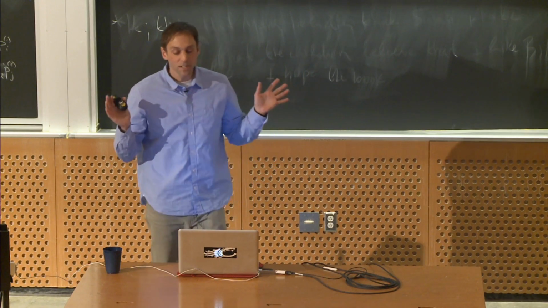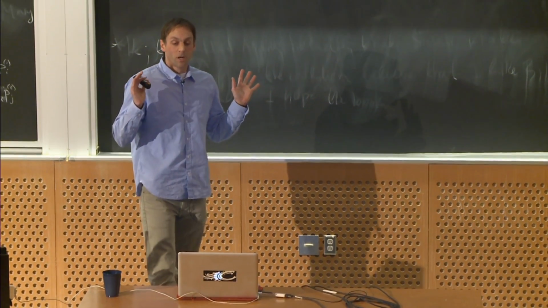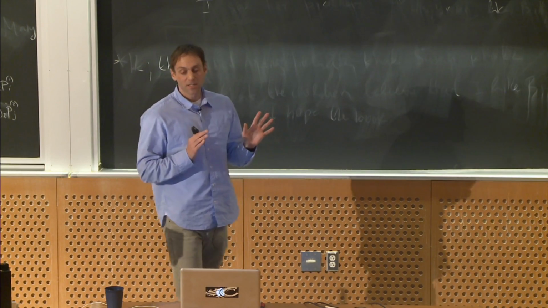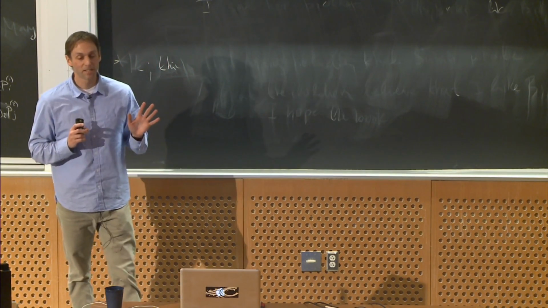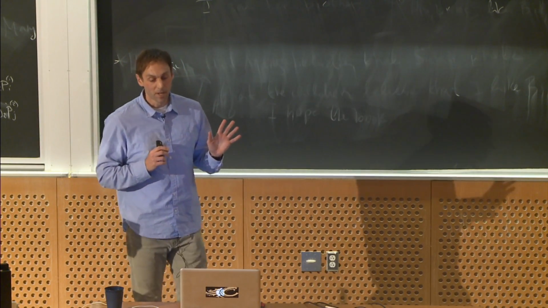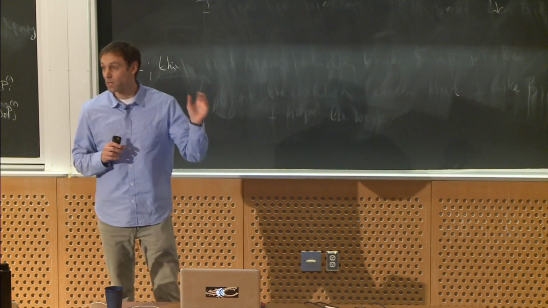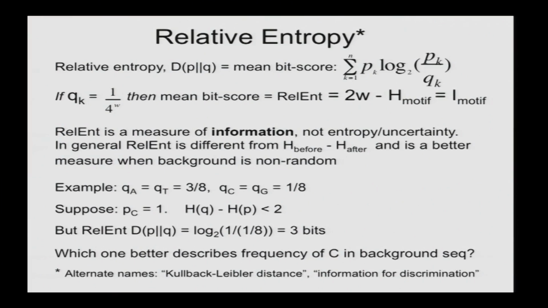Okay, so what is the use of relative entropy? The main use in bioinformatics is that it's a measure that takes into account non-uniform backgrounds. The standard definition of information basically works when the background is uniform, but falls apart when it's non-uniform.